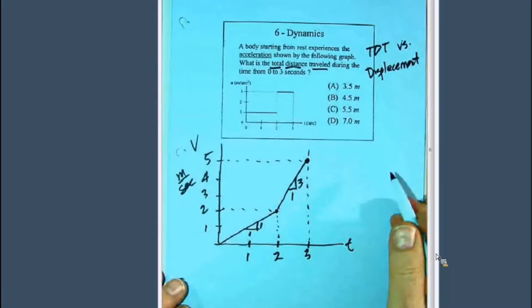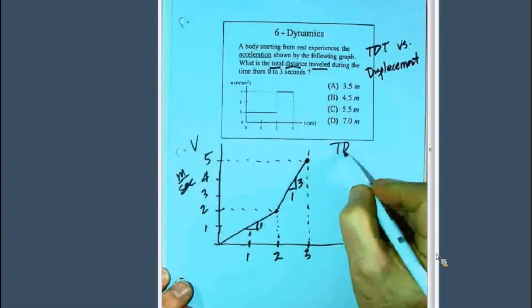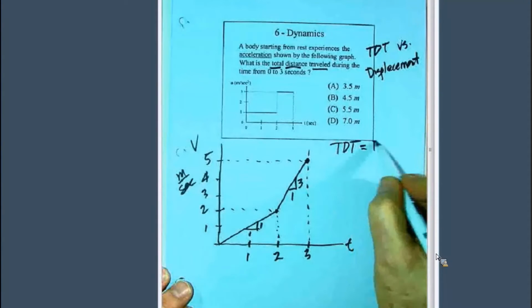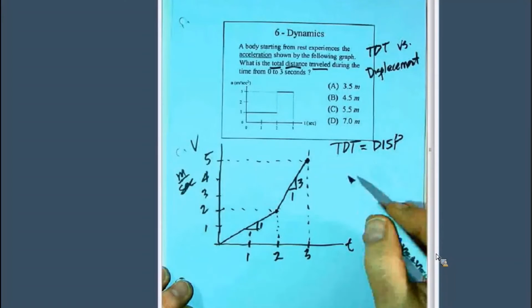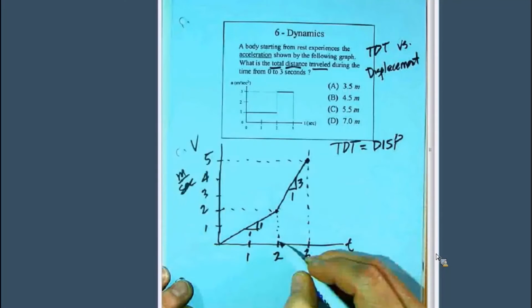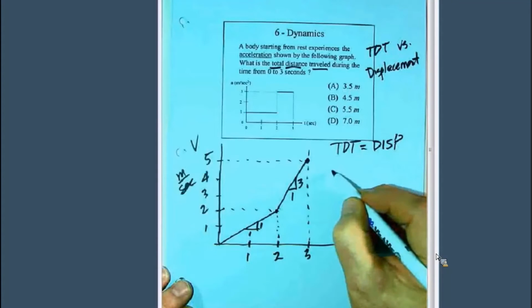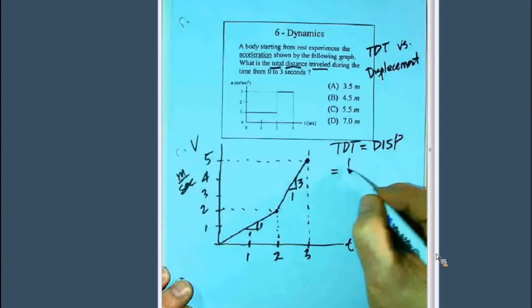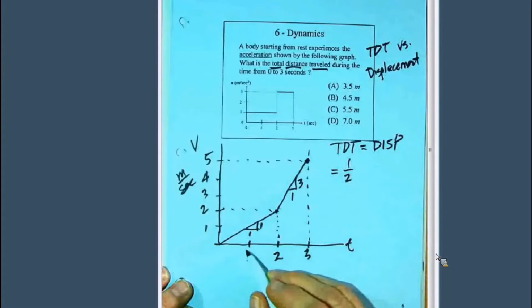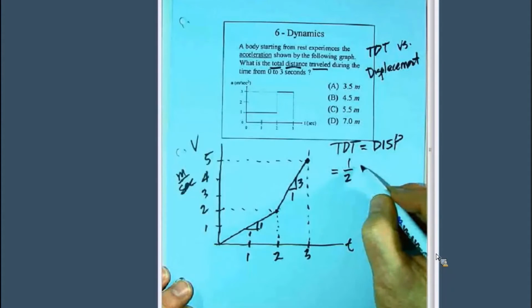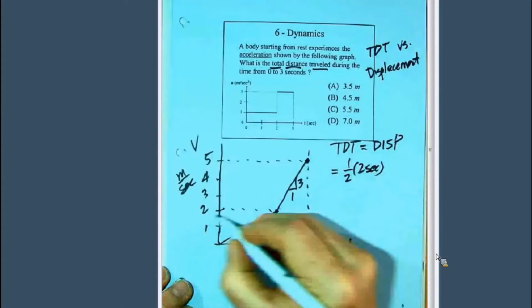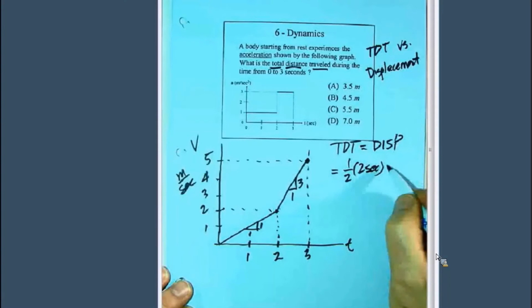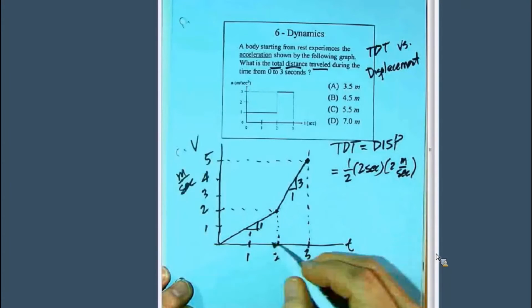In this case, TDT equals the displacement, and it's going to be equal to this area. First, it's a triangle, so I have 1/2 the base, which is 2 seconds, times the height, which is 2 meters per second. So that's this area.